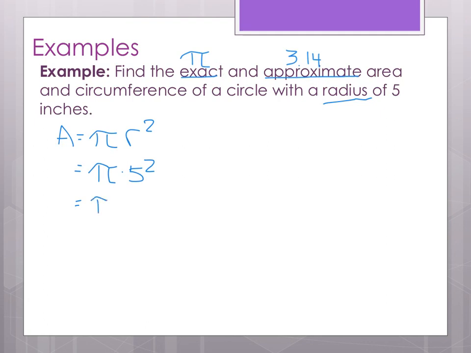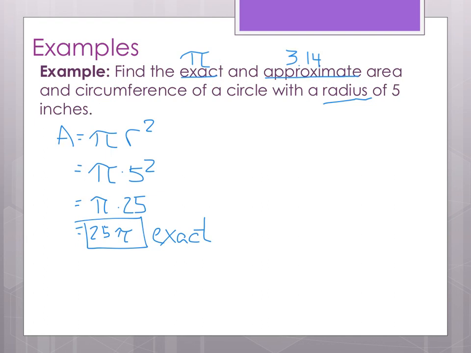So we could say this is pi times 25, and WebAssign will accept that as an appropriate answer. But mathematically, we always want to try and lead with numbers and have letters afterwards if we can. So I might write this as 25 pi. Okay, and that's going to be our exact answer.